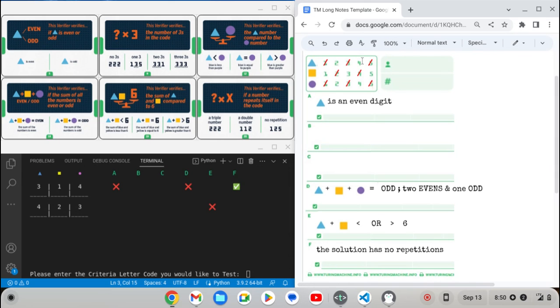So 2 1, 4 1, 2 3 are 3 possibilities for less than 6. And then you have 2 5, 4 5, and 4 3 as 3 other possibilities for greater. So there is a sort of 50-50.